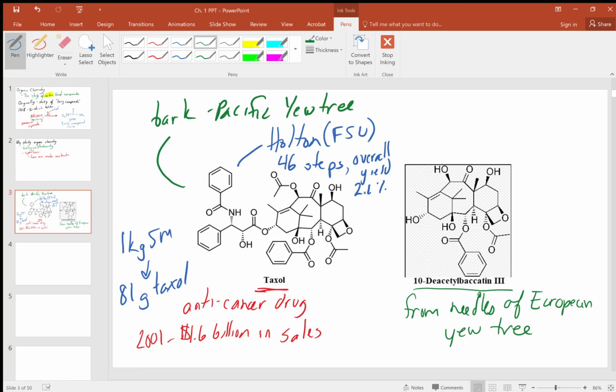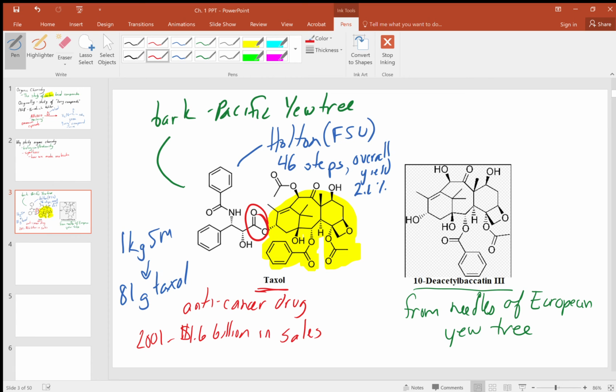Now, while this compound isn't Taxol, what you can see is this entire ring system here is already put together. In fact, much of what I'm highlighting in yellow is already put together. And so if you could then make the piece on the left, it turns out that making this kind of bond right here is pretty straightforward.